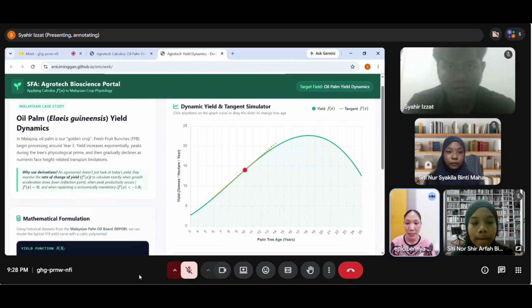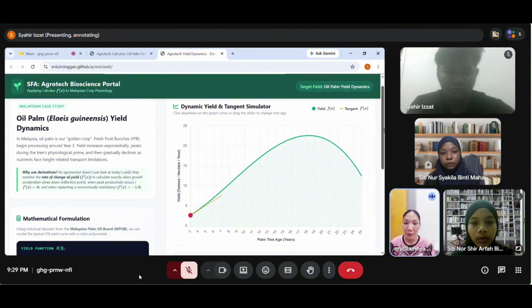The big question is, when does growth slow down? When is production highest? And when should we replant? Using real data from MPOB and FELDA, we created a mathematical model to show this pattern. The yield function is f(x) = negative 0.006x cubed plus 0.15x squared plus 0.5x.